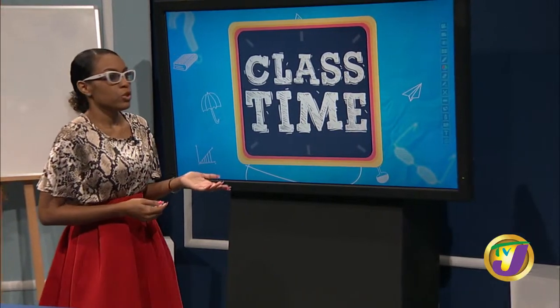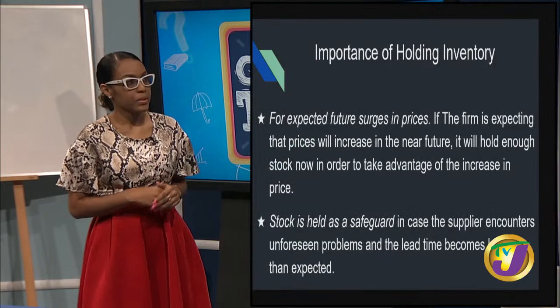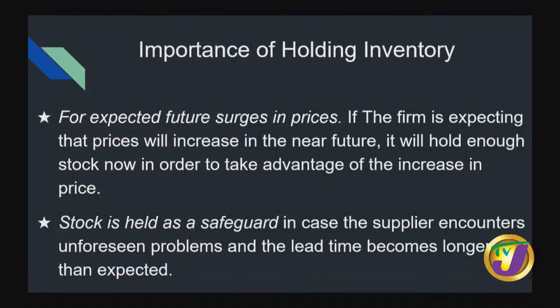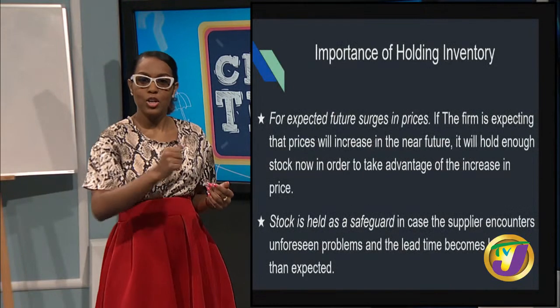Expected future surges in price: if the firm is expecting that price will increase in the near future, it will hold enough stock in order to take advantage of the increase in price. So we're looking at scarcity here. When it is very hard to get different items, you know that the price is going to go up. So as a business, you want to ensure you have enough in your warehouse.